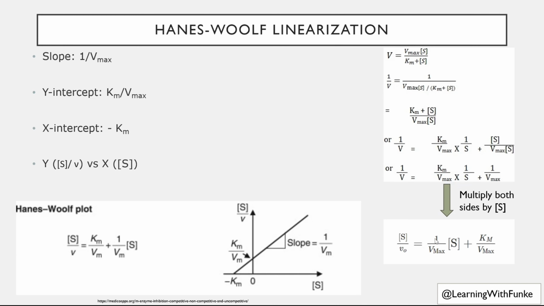So with a competitive inhibitor versus the no inhibitor case, your slopes will be the same, because under Hanes-Woolf linearization, 1 over Vmax is the same in competitive. And that's just giving ideas as to how you would internally rationalize what should change and what shouldn't change. You can do the same thing for the Km and the Vmax for uncompetitive versus non-competitive. Okay.